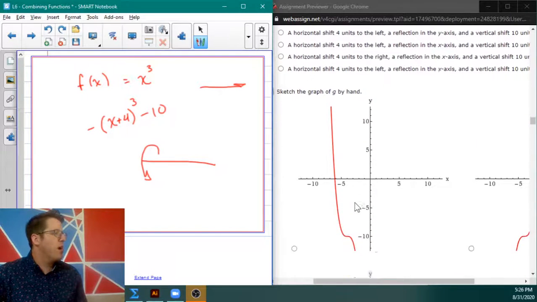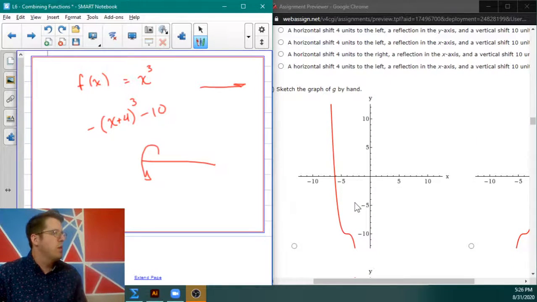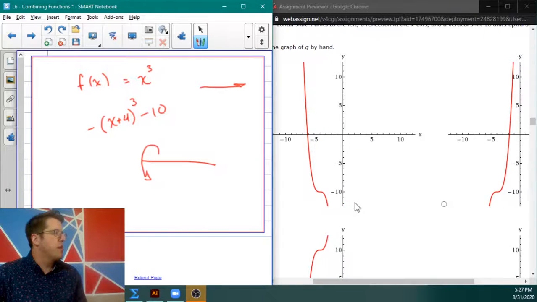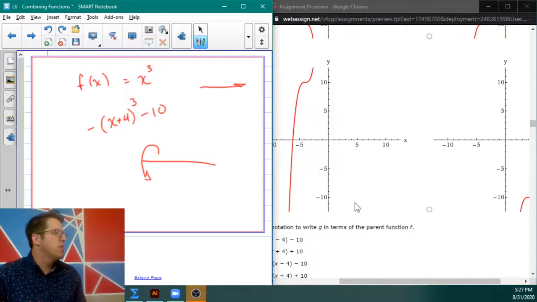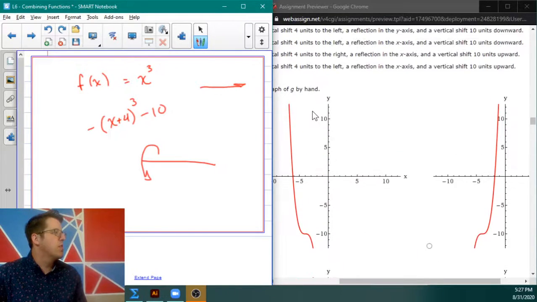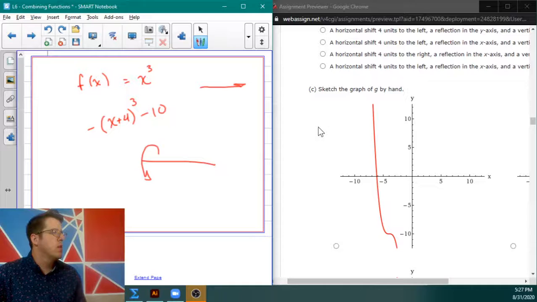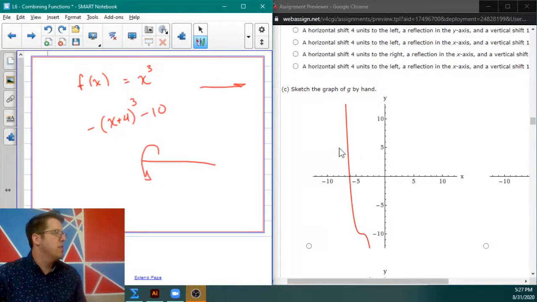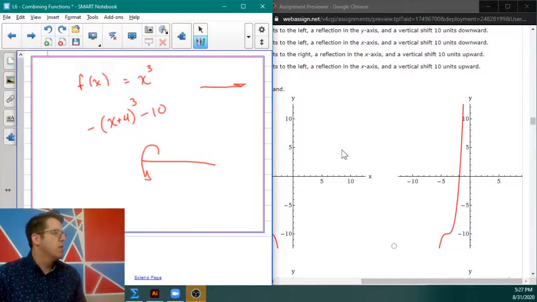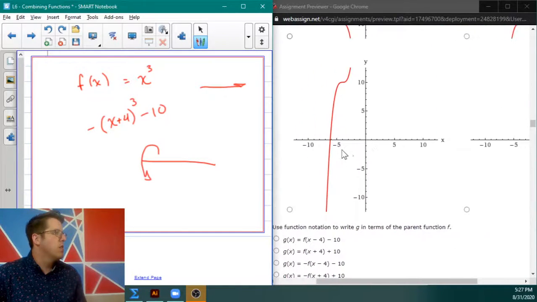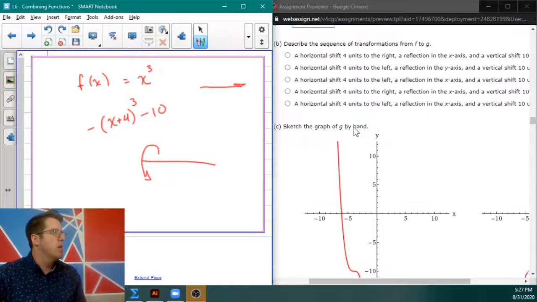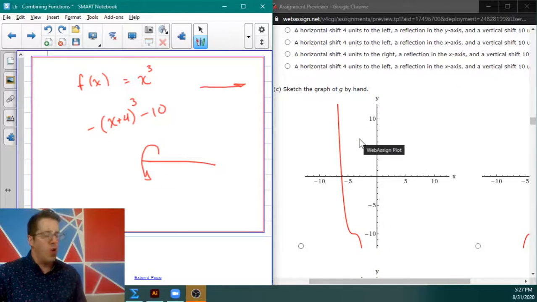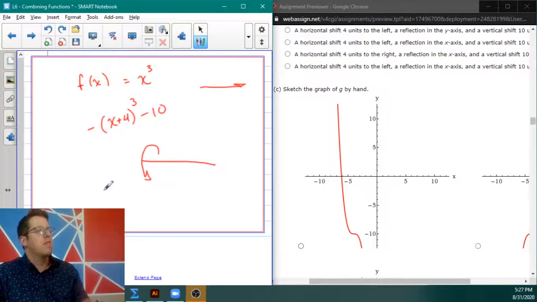Now, sketch the graph by hand. So we are looking for something that is shifted to the left. Okay, so that's one of the first 3. Shifted down 10. So that eliminates this one on the third one. And reflected over the x-axis, or in the x-axis.